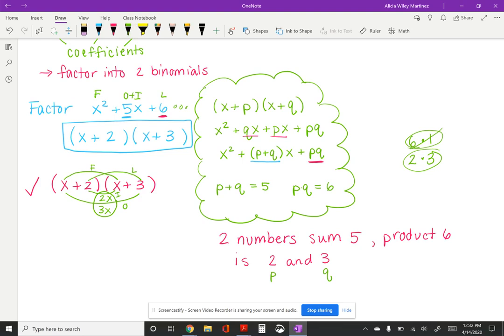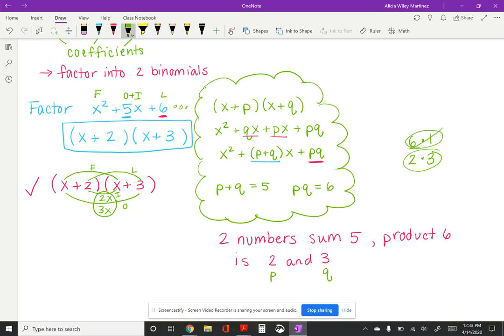So you can easily check this by doing some foiling, and you can see here's your x squared. The 5x comes from the outside and the inside of FOIL, those like terms that you are combining, and the 2 times the 3 gives you your constant value.